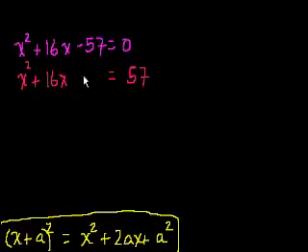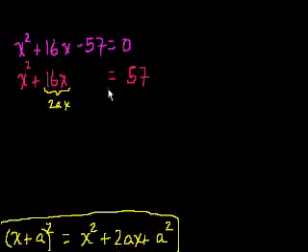Now, what could I add here so that the left-hand side of this equation becomes a square of some expression like x plus a? Well, if you just follow this pattern down here, we have x squared plus 2ax. So you could view this right here as 2ax, right?